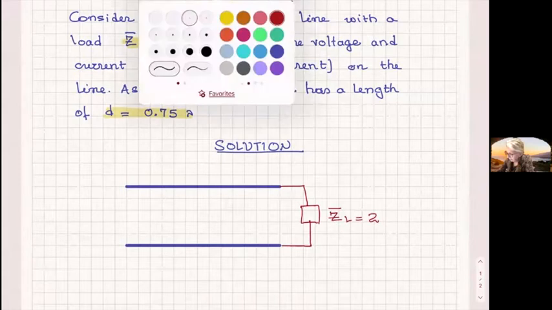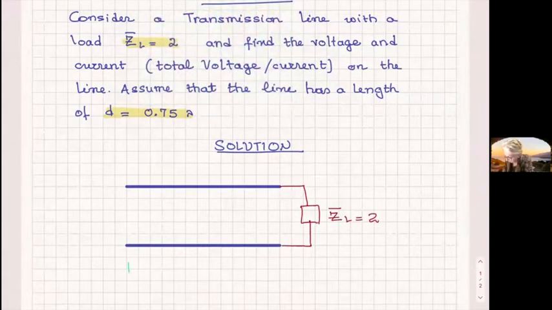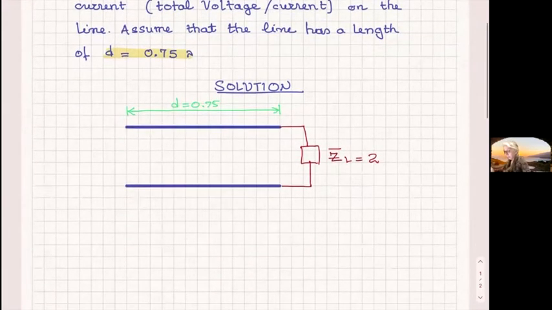And I have a length D equals 0.75. Okay, we are going to solve it in two different ways. First of all, with the equations and then with the Smith chart.